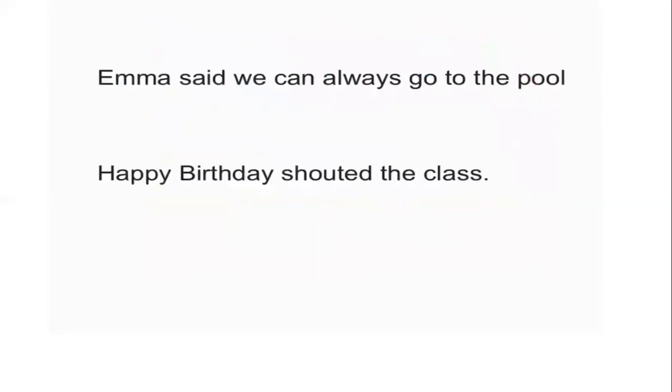Okay, now it's time to practice. See if you can tell where our quotation marks and punctuation needs to go. Also check for capital letters. Our first sentence, Emma said, "We can always go to the pool." Where should the quotation marks be? You're right.